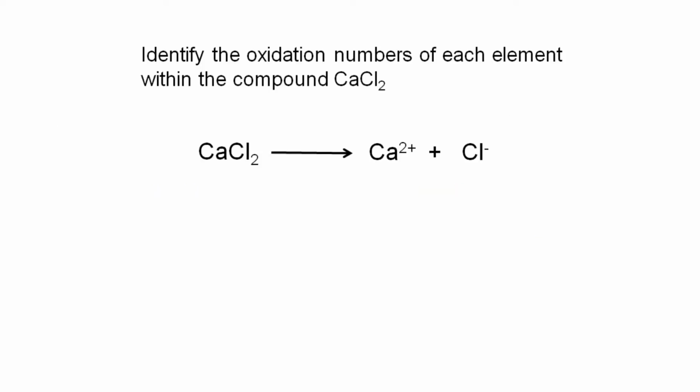Now look at this next example. You're given the compound calcium chloride, CaCl2, and asked to identify the oxidation numbers of each element within the compound.